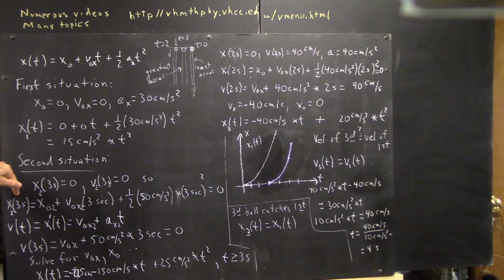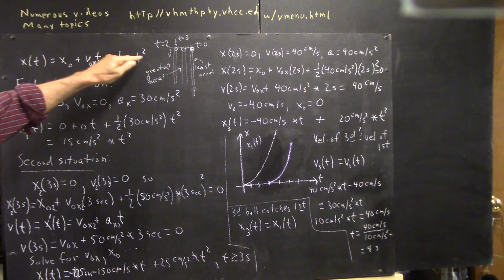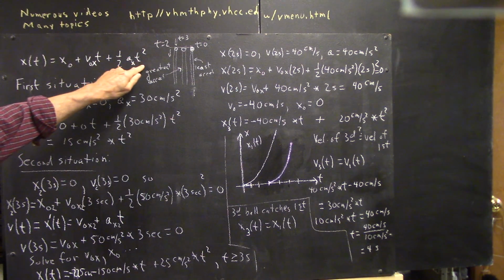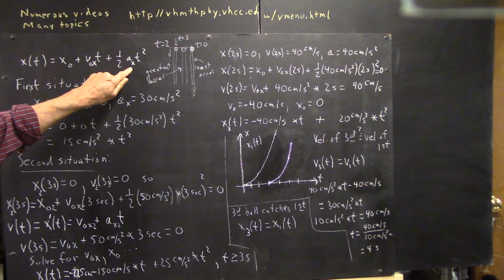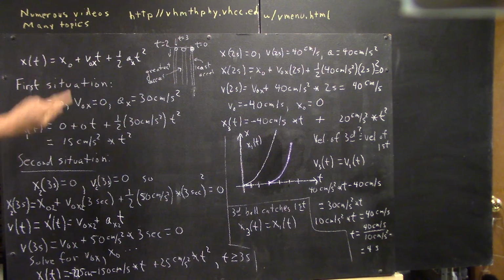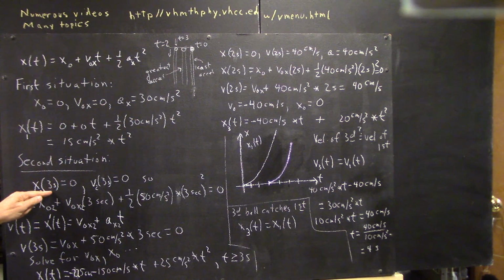If we plug 3 seconds in for the time, then our function will have a 3 seconds here, 3 seconds squared here, acceleration here, and initial position here. We don't know what the initial position is. And I say initial position. The initial position is 0, but the initial instant here is at 3 seconds. We want to know what x is when t equals 0, and that's what we mean by x sub 0.